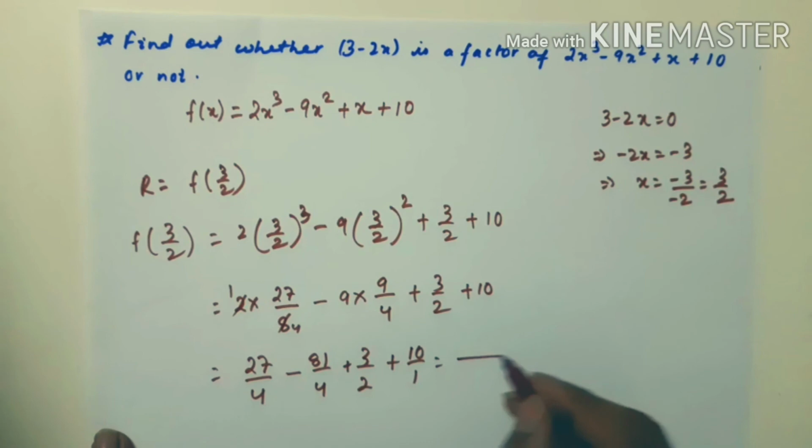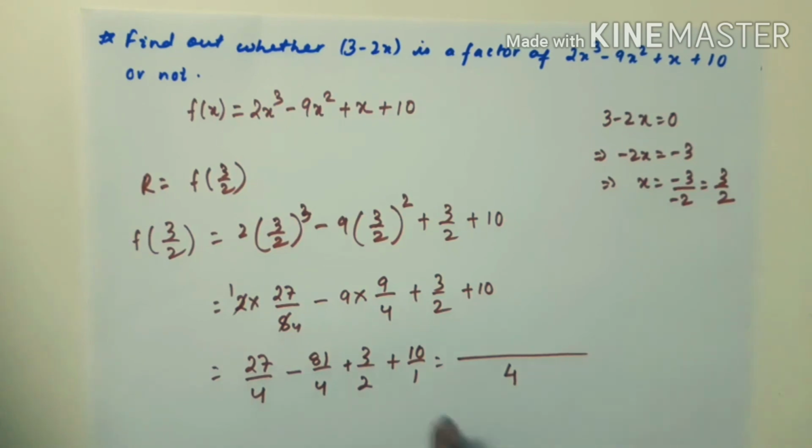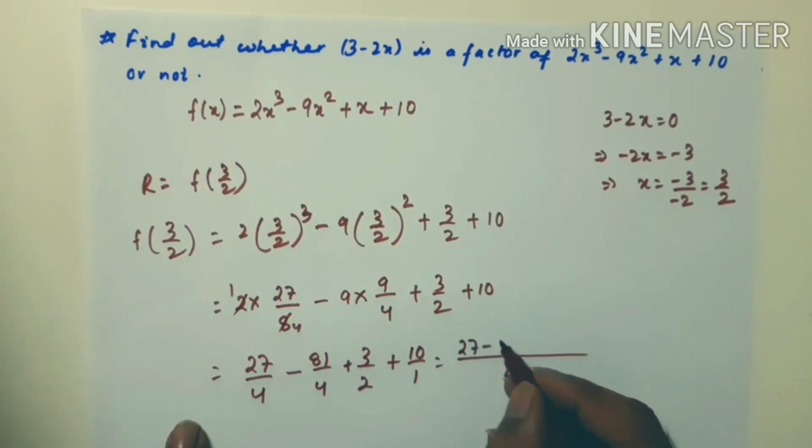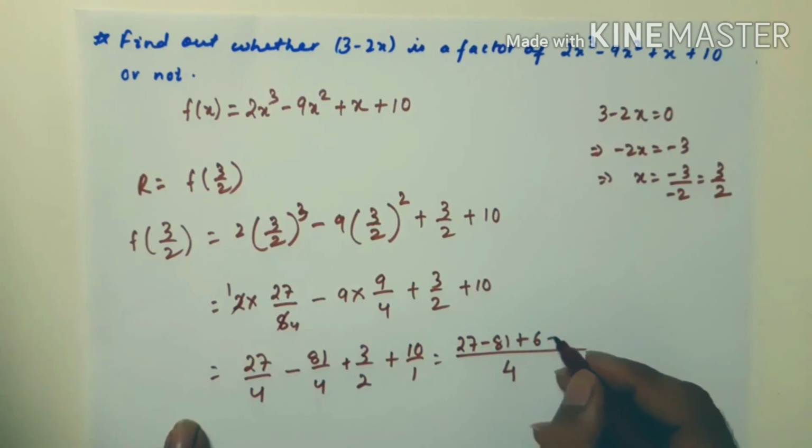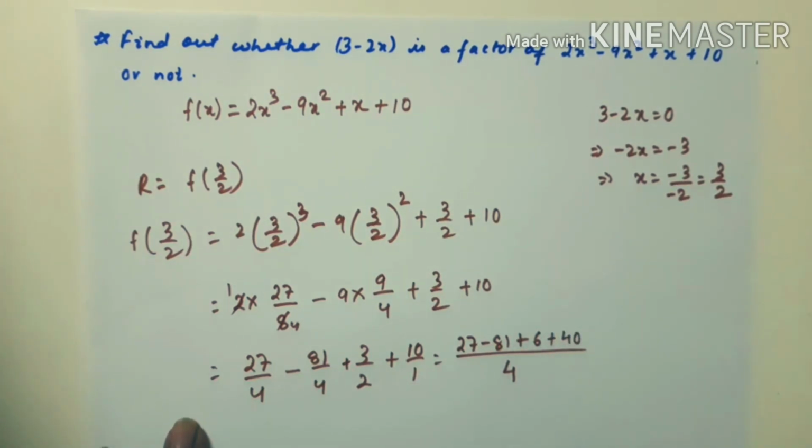So let's solve the fractions. The LCM will come as 4, because 2 2s are 4 and 4 is the common multiple for both 4 and 2. So 4 ones are 4, so we'll put it only 27 minus 81 plus 2 2s are 4, so we get 3 2s are 6, plus 1 4s are 4, so 10 4s are 40. So let's check it.